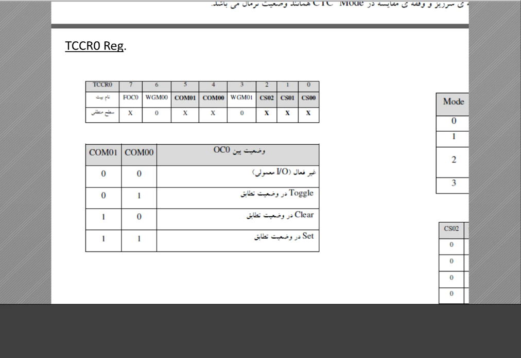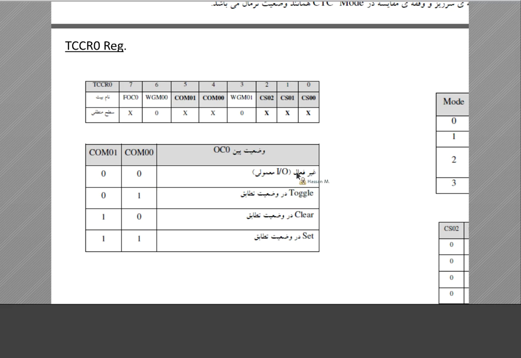Output compare match for timer 0. What about it? With these two bits, we can configure the functionality of OC. Options 0, 1, 2 and 3.